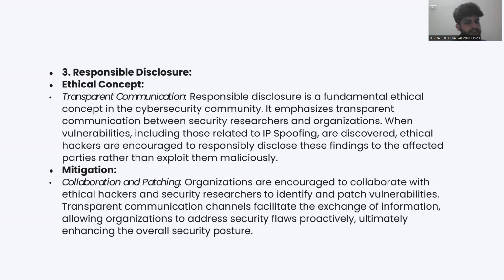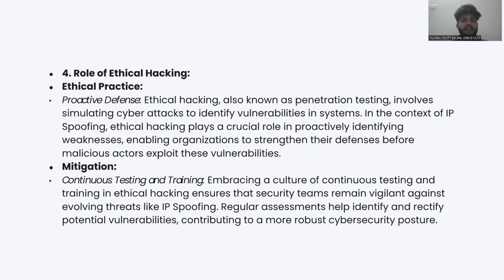When we come to mitigation, organizations are encouraged to collaborate with ethical hackers and security researchers to identify and patch vulnerabilities. The role of ethical hacking involves simulating cyber attacks to identify vulnerabilities in systems.